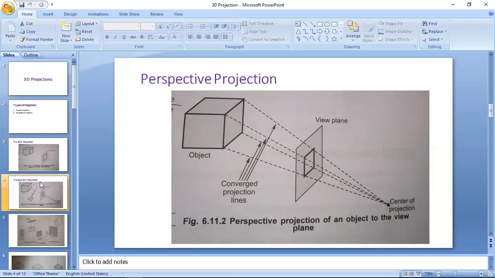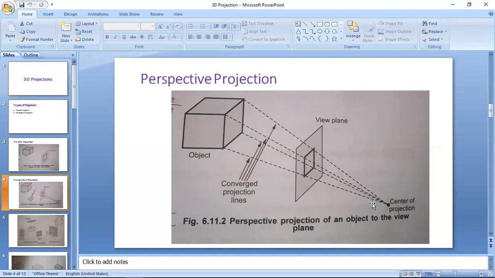So that is the main difference between parallel projection and perspective projection. Furthermore, in perspective projection, the projection lines are not parallel. Instead, they all converge at a single point, which is called the center of projection or projection reference point.